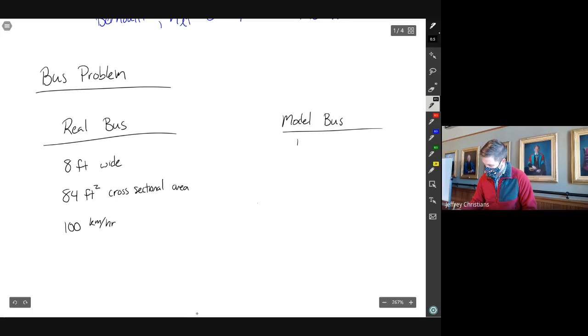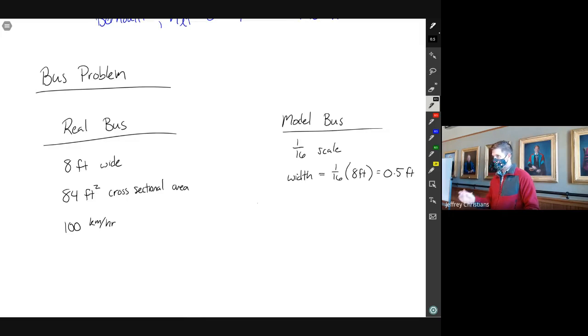So our model bus is 1/16 scale. So then our width is 1/16 times 8 feet. So it's a 1/2 foot wide, 6 inches wide. Give a sense of how big our model actually is.